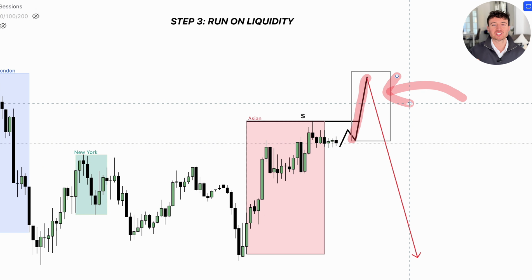And I've been in the same position as you, where you see a breakout, you take a trade, and price just simply reverses in the other direction. And that's okay, but now that you understand run on liquidity and what we're looking for, you can completely retrain your mind on how you see the markets.